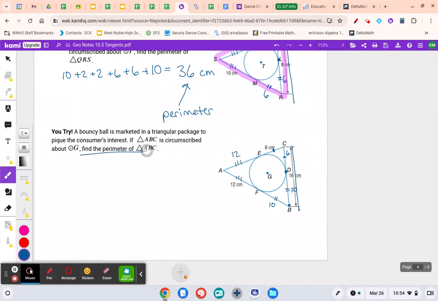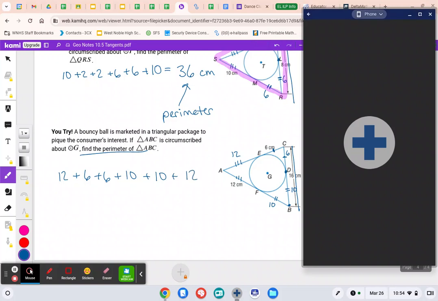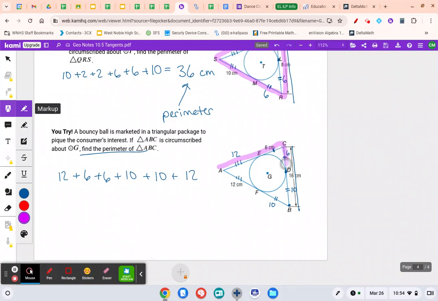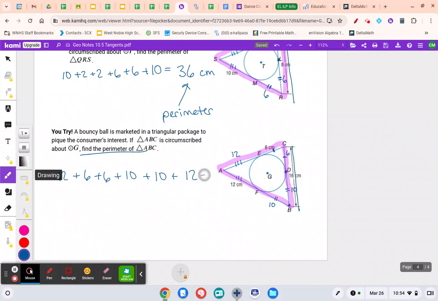Same thing, we're finding the perimeter of the triangle, so we add them all up. 12 plus 6 plus 6 plus 10 plus 10 plus 12. Make sure, some of you might accidentally count these 16. You can do that instead of the 6 and the 10 if you want, but don't double count them. So you add these up and you should get that the perimeter is 56 centimeters.